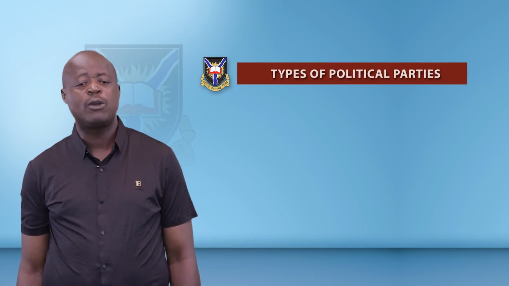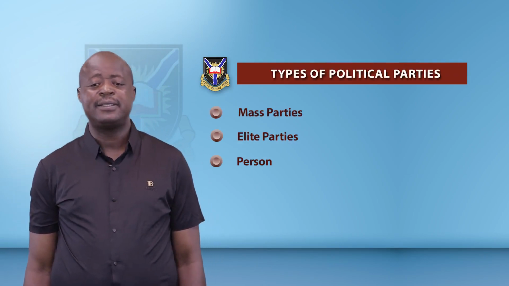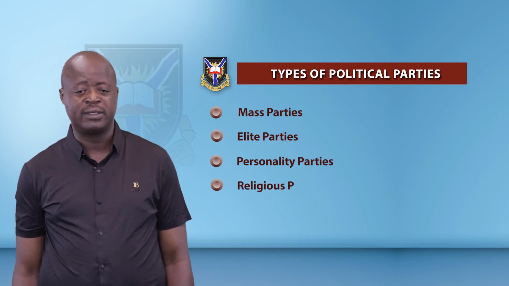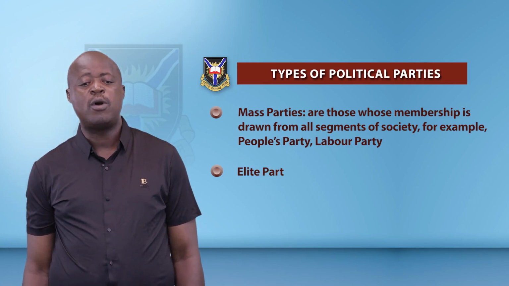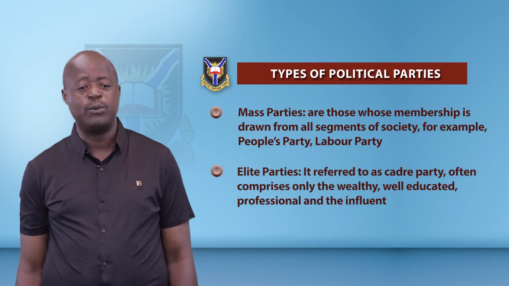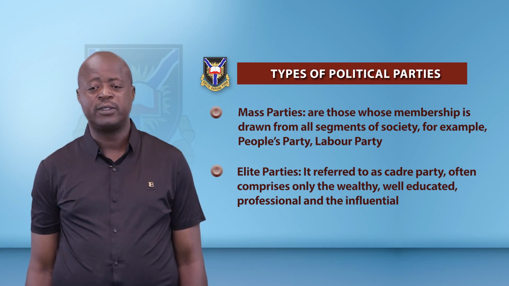It is important to point out that there are different types of political parties. They include mass parties, elite parties, personality parties, and religious parties, among others. The mass parties are those whose membership is drawn from all segments of society. For example, People's Party, Labour Party, and so on and so forth.